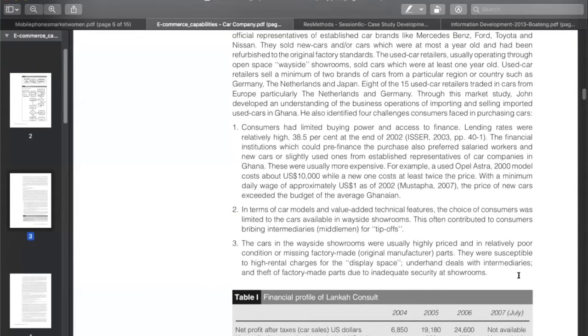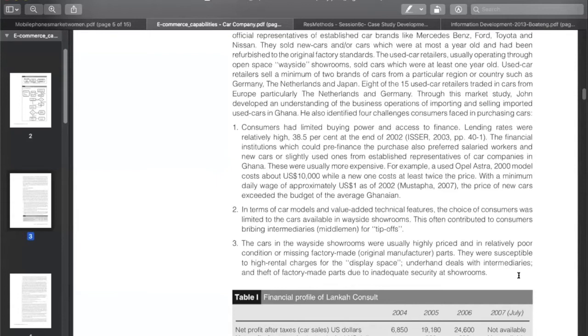Consumers had limited purchasing power and limited access to finance. Lending rates were relatively high, so he brought in the lending rate at that time, 38.5% at the end of 2002. The financial institutions which could pre-finance the purchase also prefer salaried workers and new or slightly used cars from established representatives of car companies.